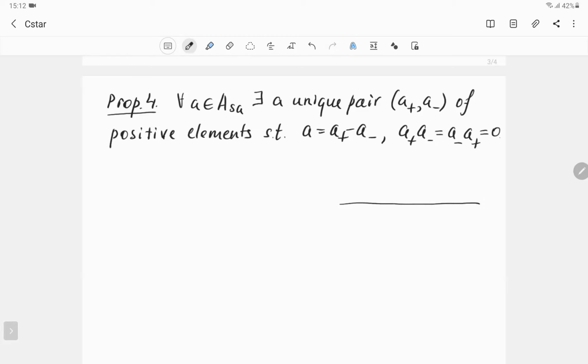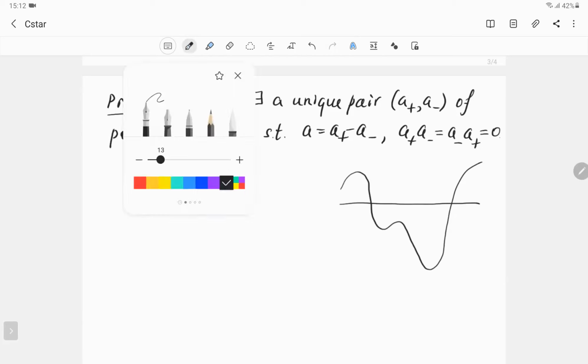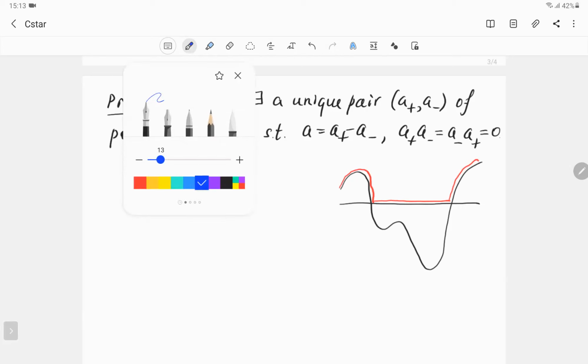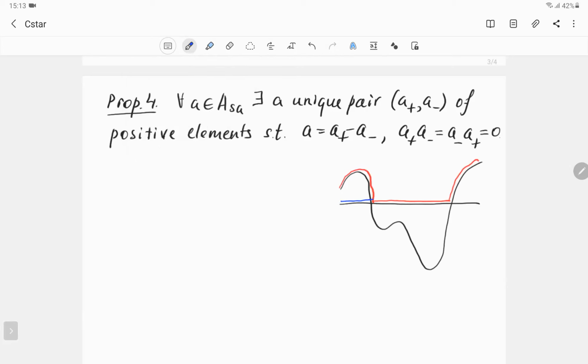So here's a picture. If, say, this is the graph of our function A, this is a real function, so we can decompose it as the difference of two non-negative functions as follows. So this is the graph of the first function. And this is the graph of the second one.